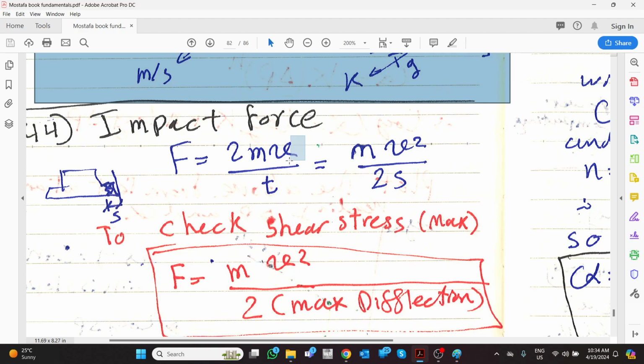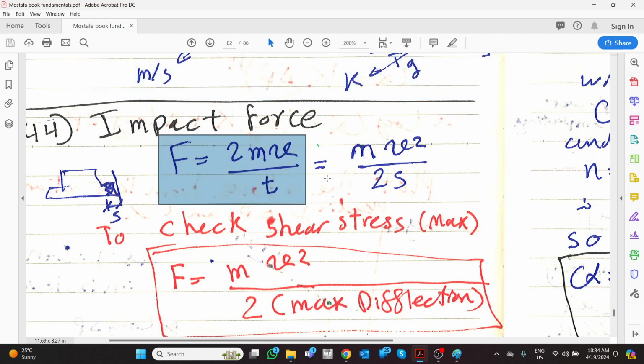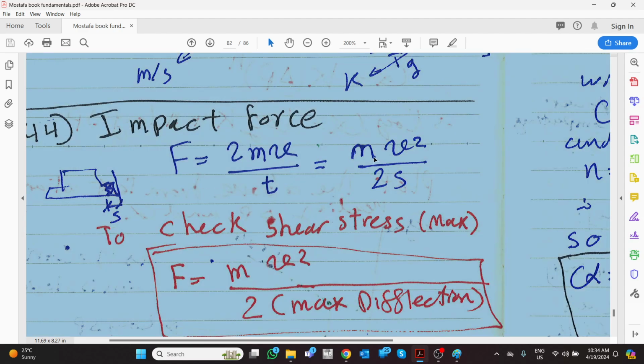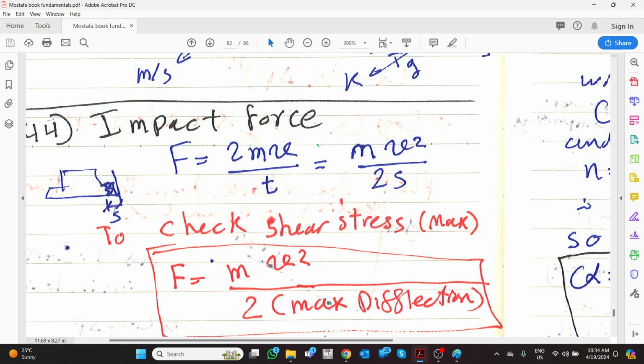So the first definition is 2mv divided by t, or it is the mass of what will hit multiplied by the velocity squared, divided by 2s, and 2s is the crash distance.